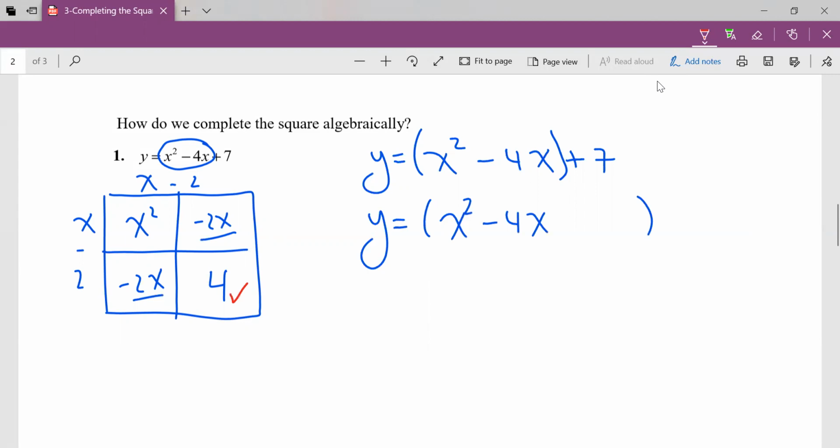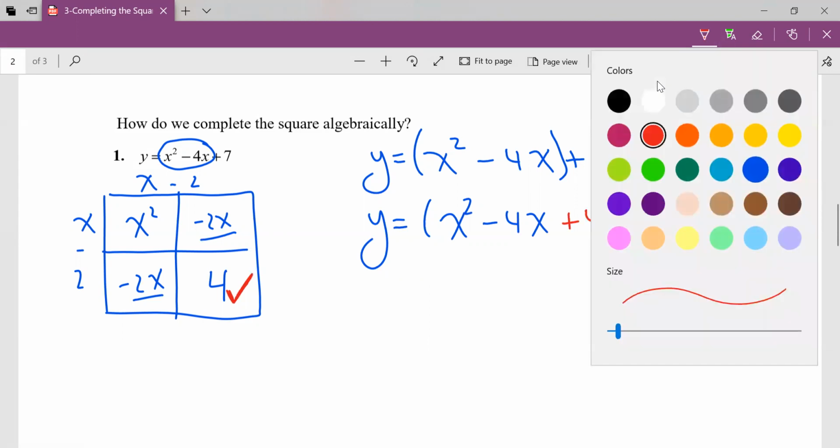So where does this 4 come from? Where are we going to put it? Well, here's what we do. We take the middle term and divide it by 2. That's negative 2. Then we square it. That's 4, exactly like we have right here in our visual, plus 4.